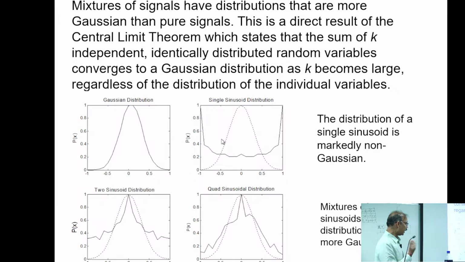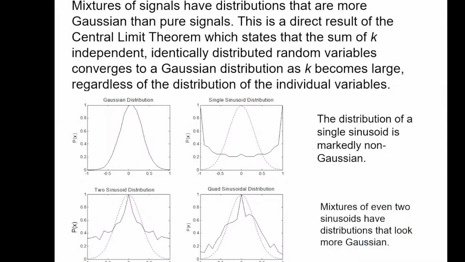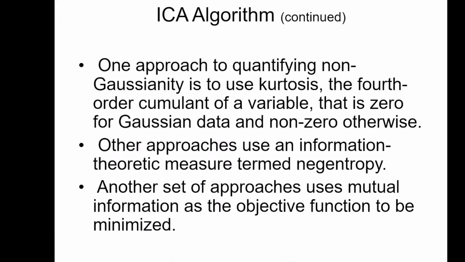As long as our data is generated from these kinds of distributions, we can use ICA algorithms that focus on non-Gaussian properties such as kurtosis or the cumulant of a variable, which is zero in a Gaussian distribution, to estimate these.